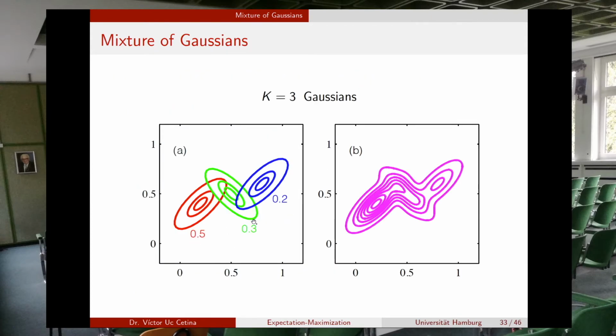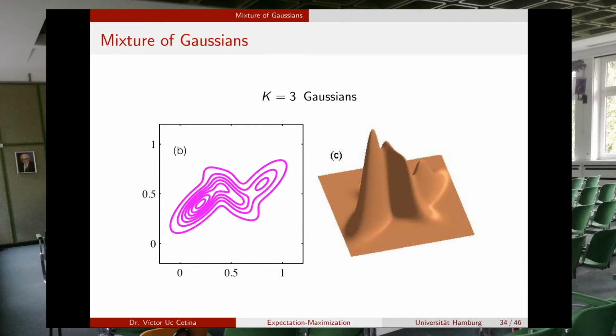So what we are doing here is estimating 3 Gaussians in this example, and the final joint probability will be a mixture of these 3 Gaussians. So it will look something like this.